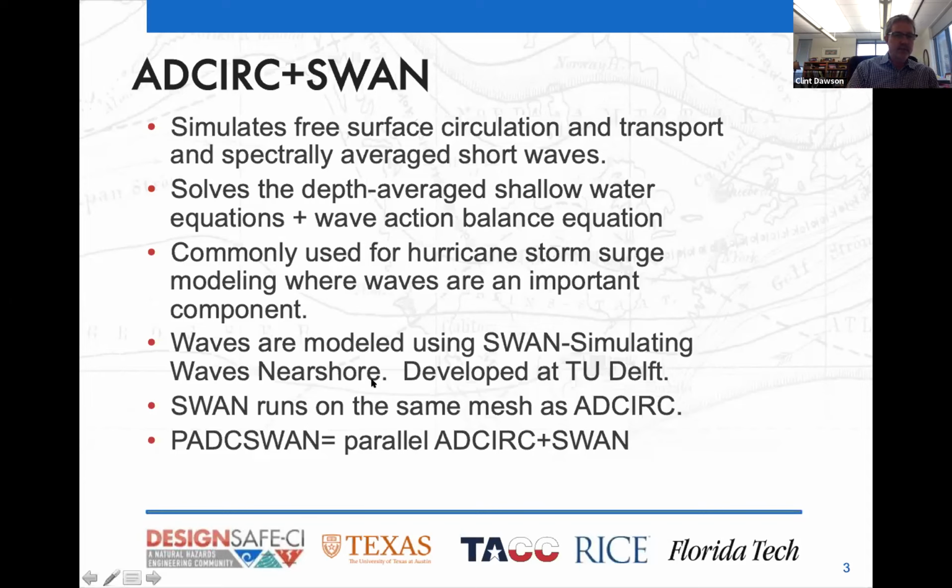SWAN stands for Simulating Waves Near Shore, and it was developed at TU Delft. And SWAN solves what's called the wave action balance equation. So if you're interested in storm surge modeling where waves are an important component of the physics, then you probably want to use ADCIRC plus SWAN.